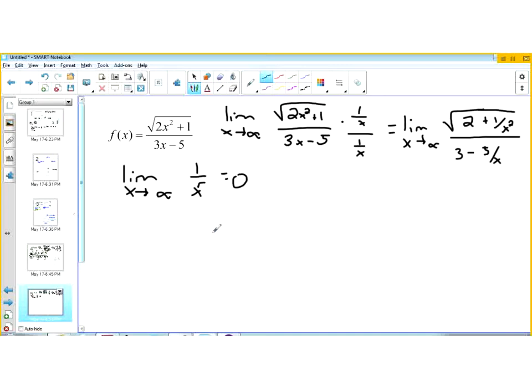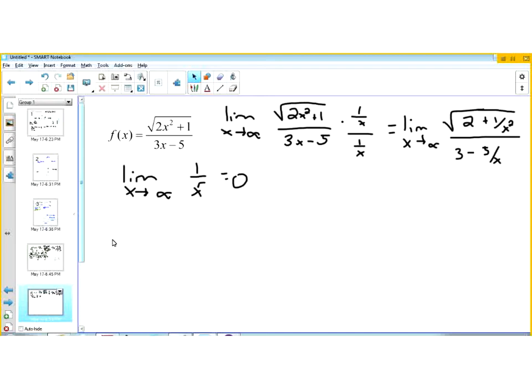Okay, and so now I can use the limit laws. So when I invoke the limit laws, I can bring the limit inside the radical. Clearly I can bring the limit inside the radical. That was one of the limit laws we discussed. So why don't I go ahead and do that?